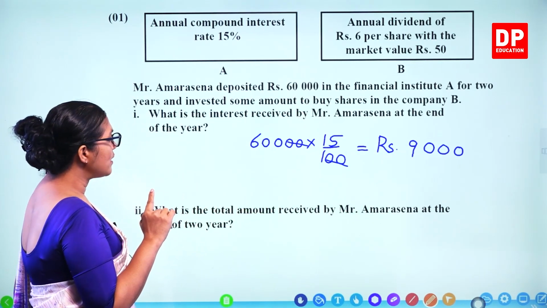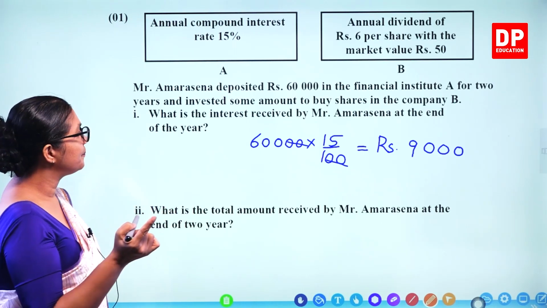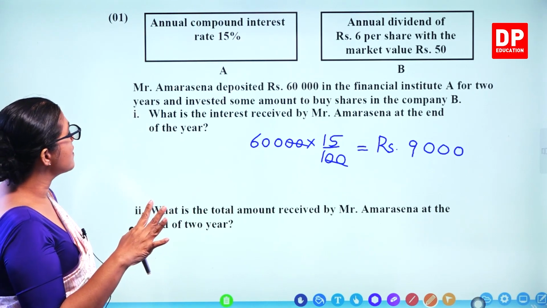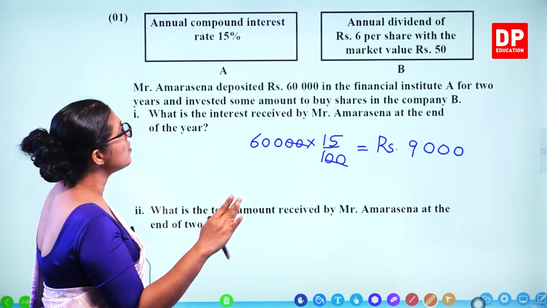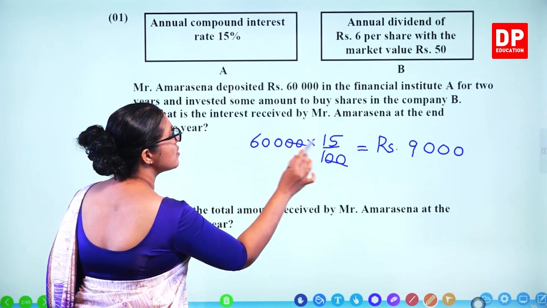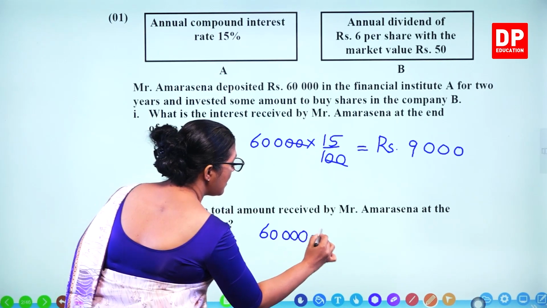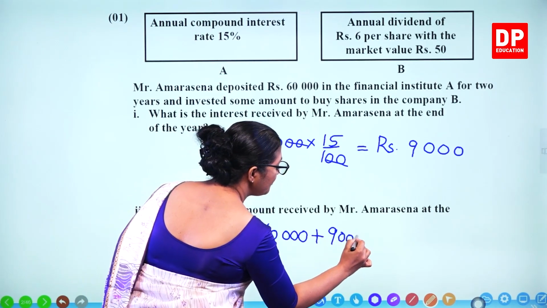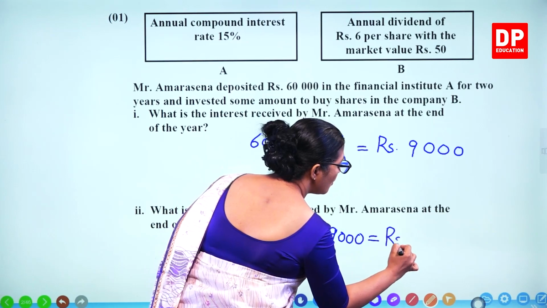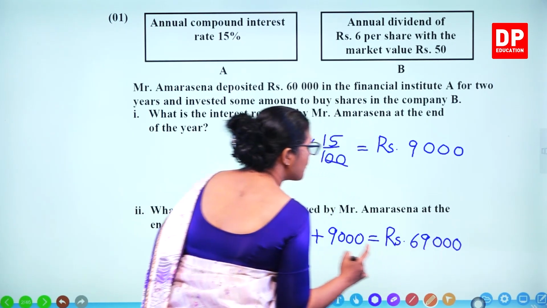And what is the total amount received by Mr. Amarasena at the end of 2 years? So this is the interest. So what is the amount at the end of the first year? 60,000 plus 9,000, 69,000. So that's the amount after 1 year.